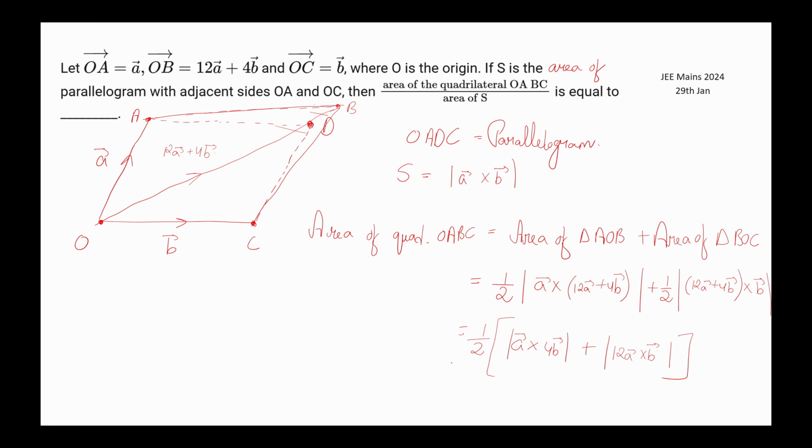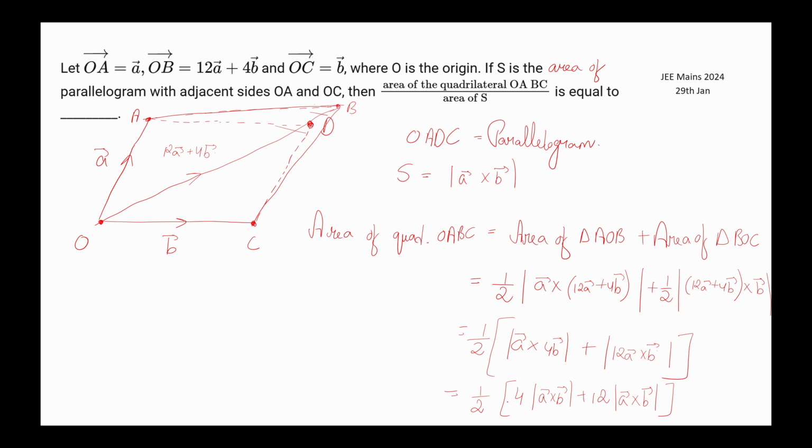Now what we can do from here is we can take 4 common. Of course, I hope you all remember the scalar multiplication of cross product that we had studied. Let us take 4 common from this one and we would be left with A vector cross B vector, and let us take 12 common from this cross product. We would be left with A vector cross B vector.